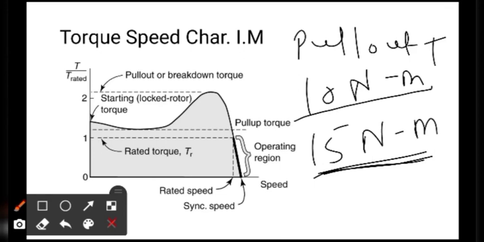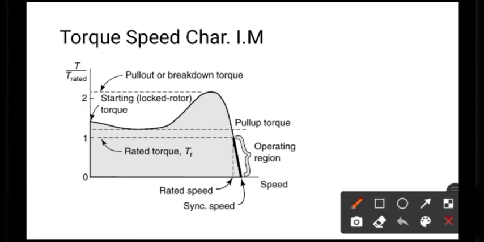The pull-out torque is defined as the maximum torque produced by the induction motor, also called breakdown torque, beyond which the motor torque will drop or the motor will suddenly stop. Here you can observe that at 0 rpm or 0 speed, the locked rotor torque is present.